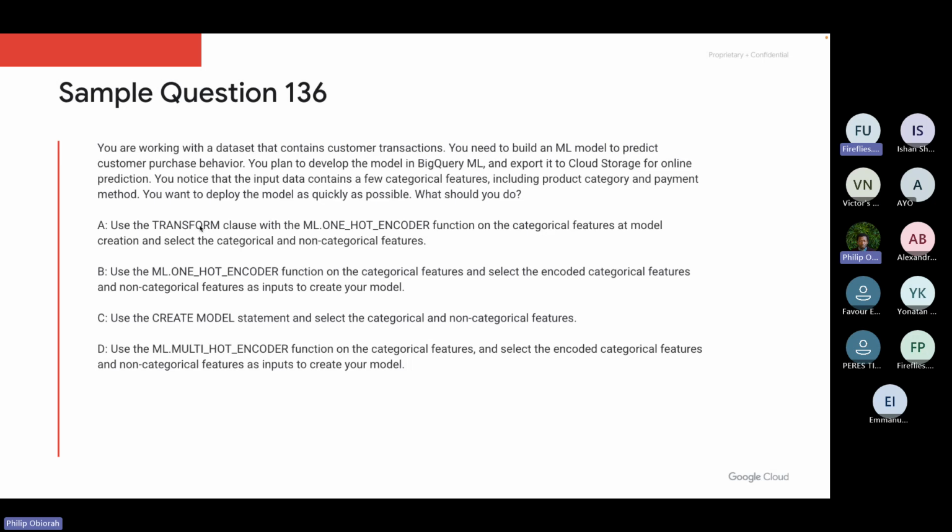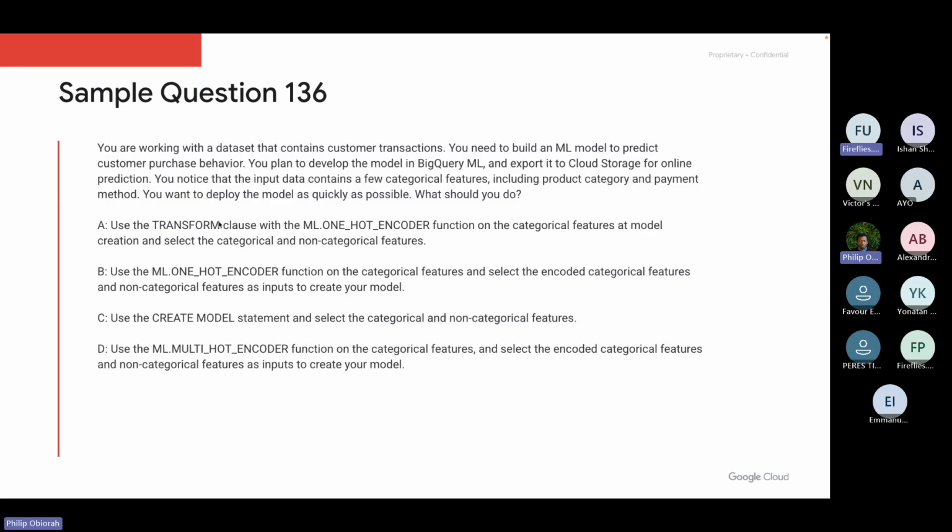This is a mechanism that allows BigQuery ML models to carry their processing logic outside of BigQuery.